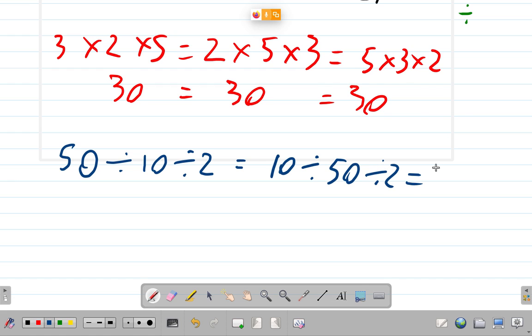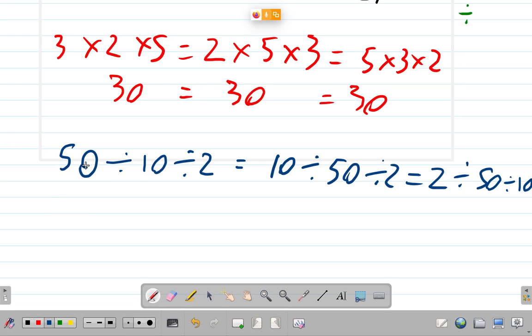Is that equal to, when 2 travels to the left, divided by 50 goes to the middle, divided by 10 to the right? Alright, let's see. If we get the same answer each time, then division is commutative. If not, then division is not commutative.